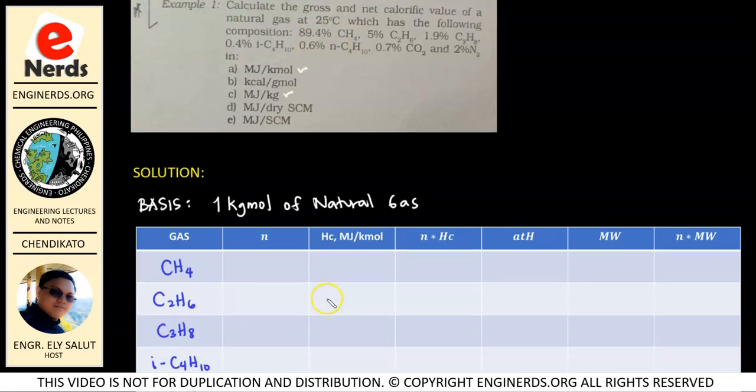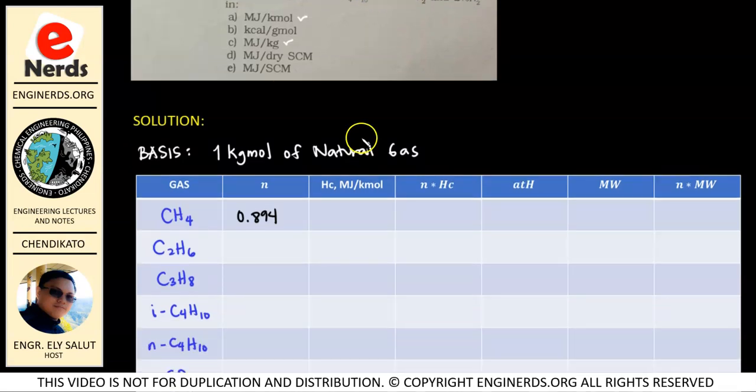So, therefore, our number of moles of methane is 0.894. Now, we have 5% of C2H6, that means we have 0.05 kilogram mole.